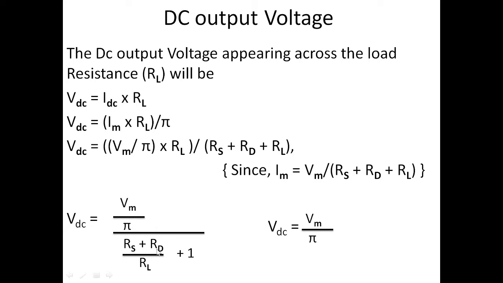So, with respect to RL, Rs and Rt are almost negligible, and hence we can neglect this part and we get VDC equal to Vm by pi. We always have to remember that only if the transformer is of very good quality and the forward resistance of the diode is very low, is this possible.